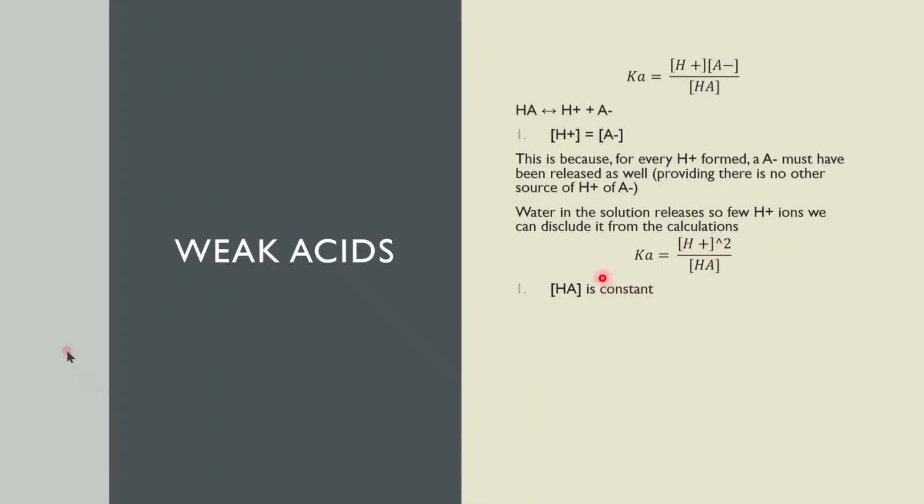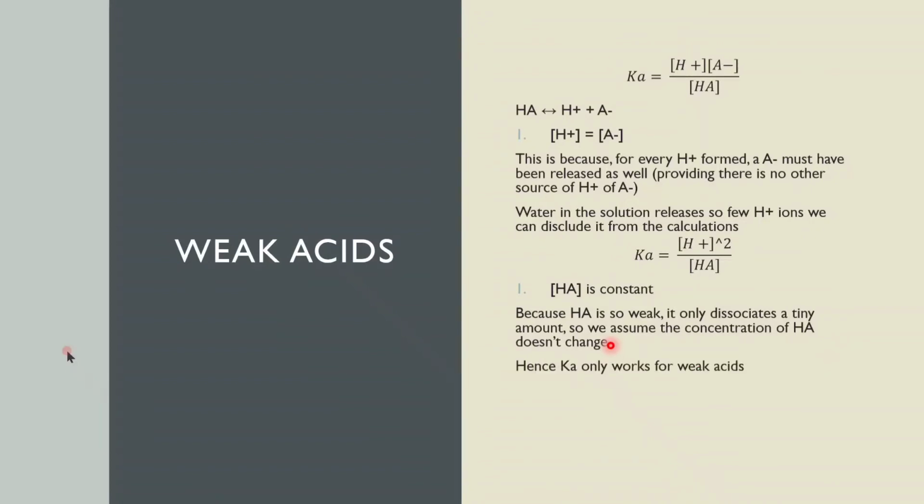Another assumption that we have to make is that our weak acid concentration is constant. And this is because HA, so our weak acid, is so weak that it only dissociates a tiny amount. Only a very few number of these weak acid molecules will actually donate hydrogen ions. So we can assume that the concentration of HA doesn't change significantly because only some of them will actually release hydrogen ions.